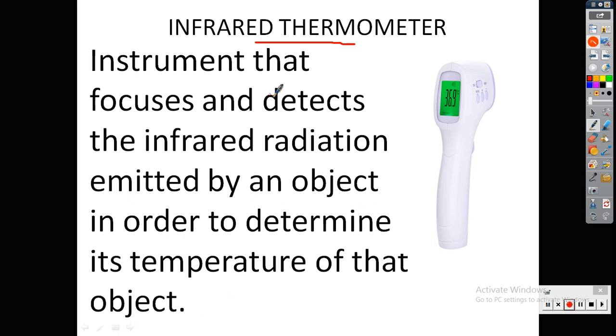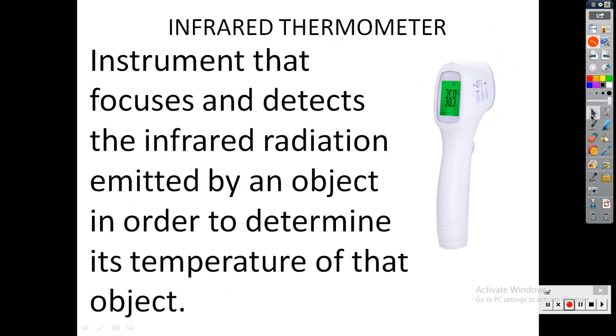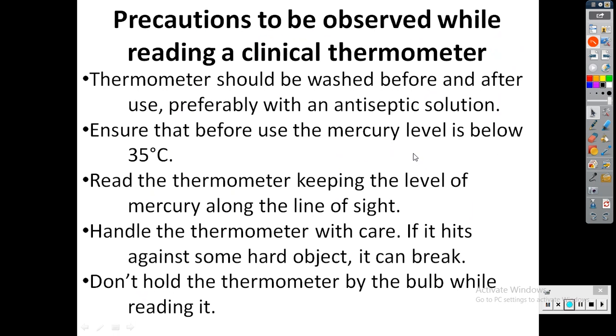It determines the temperature by sensing the infrared radiation coming from the body of the person. So this thermometer is called an infrared thermometer. So there are different types of thermometer, and you got the basic ideas about them.